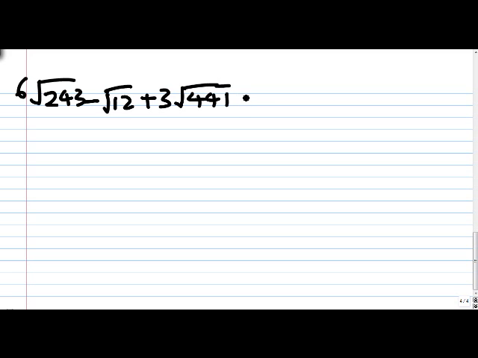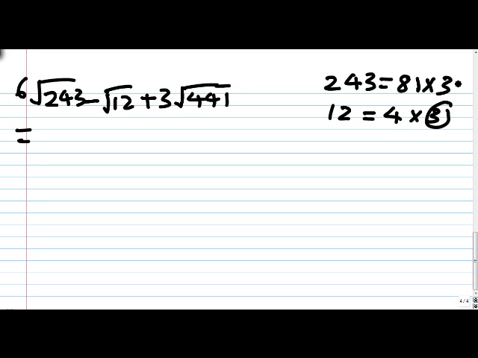6 square root 243 minus square root 12 plus 3 square root 441. You fiddle with the calculator and you know 243 can be written as 81 times 3. 12 can be written as 4 times 3.